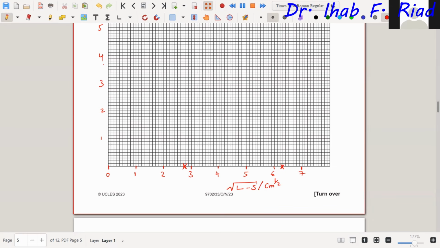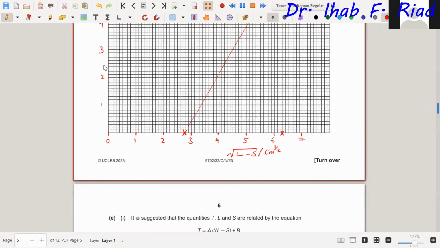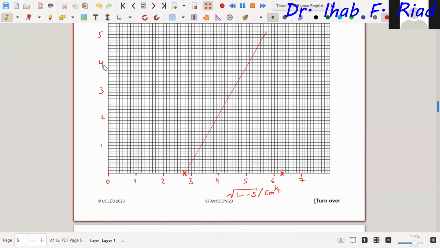Yes. So if we make our graph plot, it is only going to be something like this. It is going to be very short on the x-axis. The whole of this area is not used. The whole of this area is also not used.